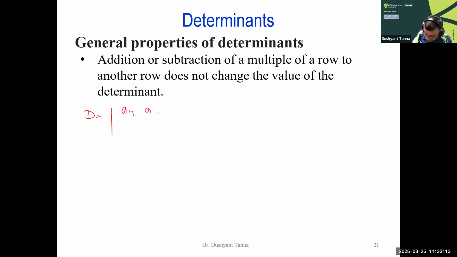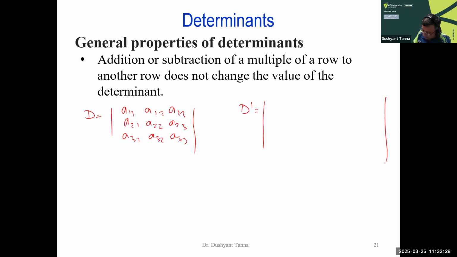So A11, A12, A13, A21, A22, A23, A31, A32, A33. My D dash, what I'm doing is, my row 2 is now old row 2 plus 2 times R1.